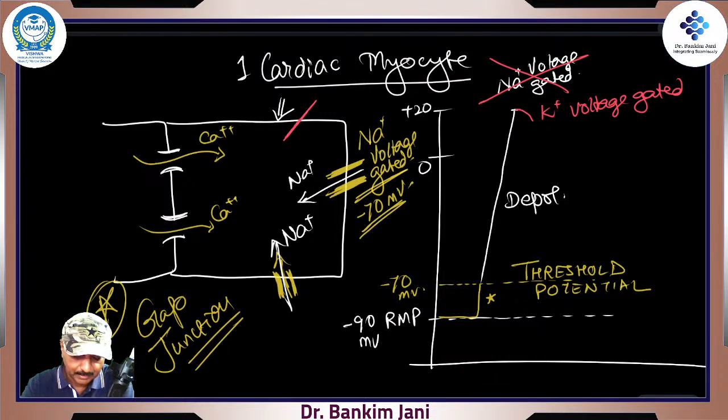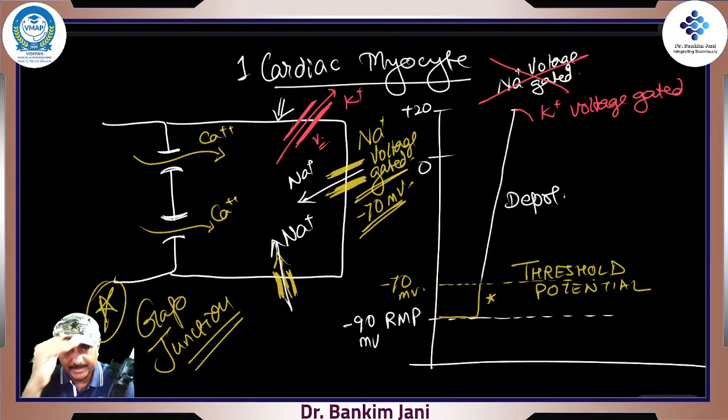Potassium goes out, and as it goes out there is a drop. This portion is called the initial repolarization, so things are becoming negative.